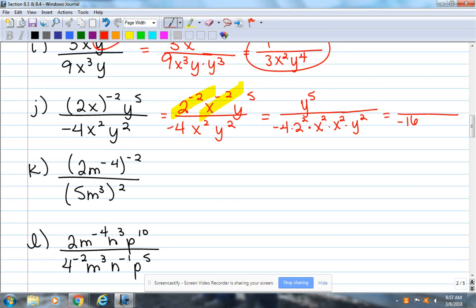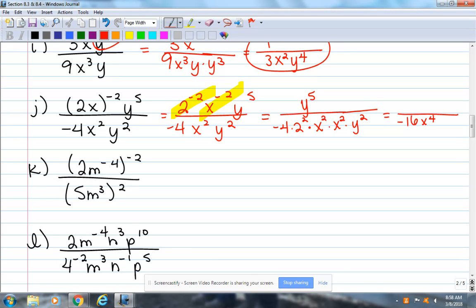And what do I do with my x's down there? How do I combine them? I add them. They're multiplied, so I add them. I get what? X to the fourth, and that stays on bottom because that's where they were. And then what do I do with my y's? Subtract, and what do I get?